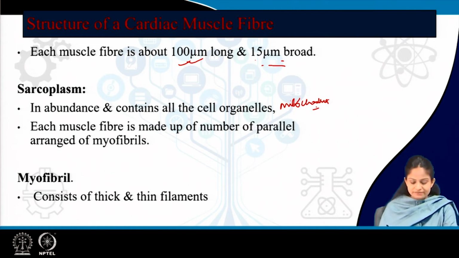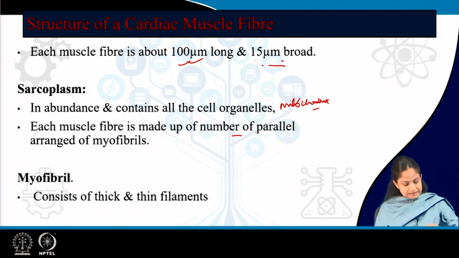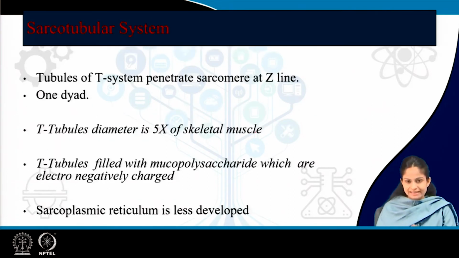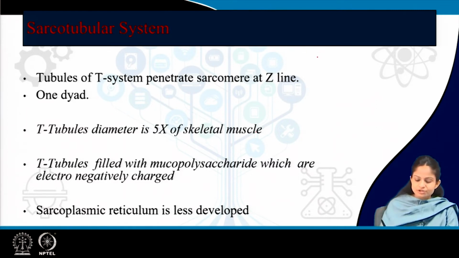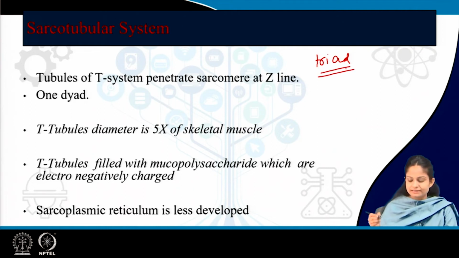Each muscle fiber is made up of a number of parallelly arranged myofibrils, and myofibrils consist of both thin filaments and thick filaments acting as myosin filaments. Now, again the difference comes in the sarcotubular system. In a skeletal muscle, the sarcotubular system usually forms a triad. The triad is formed in the skeletal muscle.